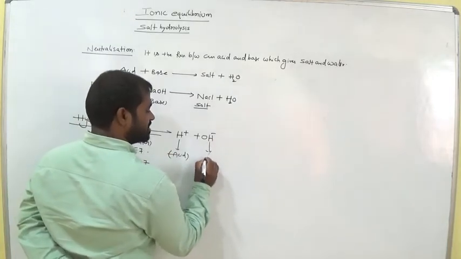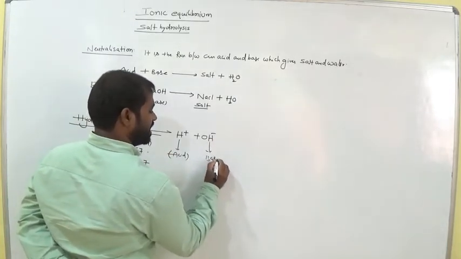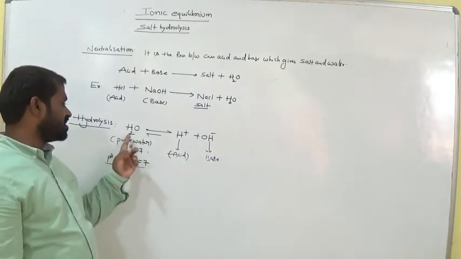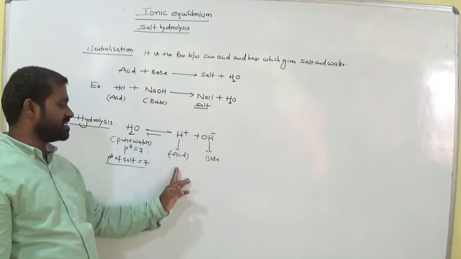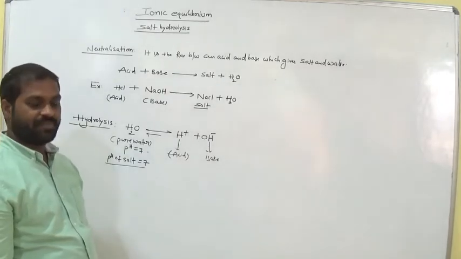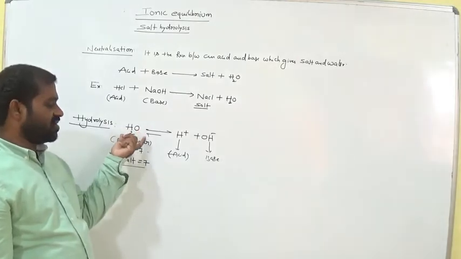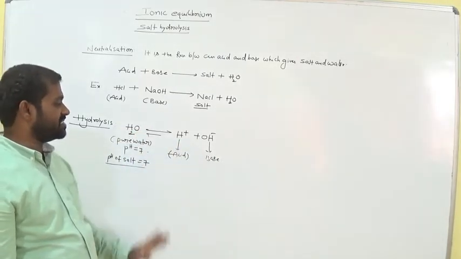OH minus means it is simply base. So hydrolysis of salt gives H plus and OH minus, again acid and base. Clear? So just assume salt undergoes hydrolysis, it gives acid and base.